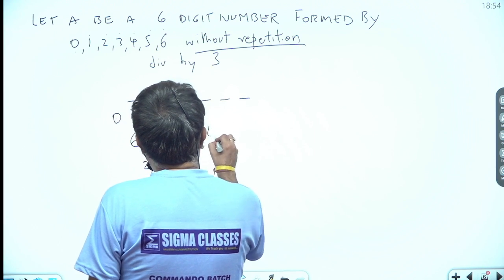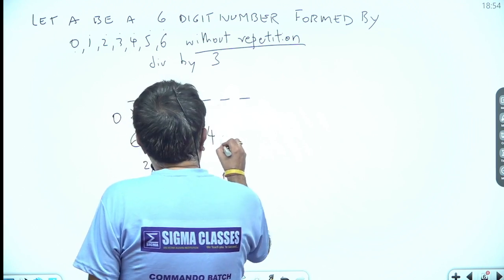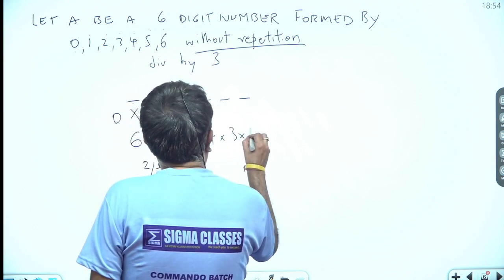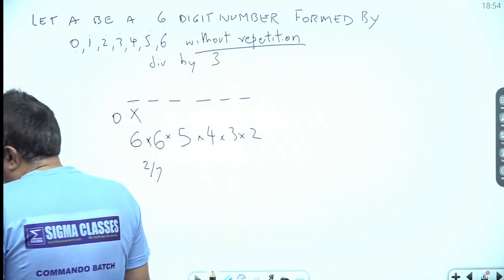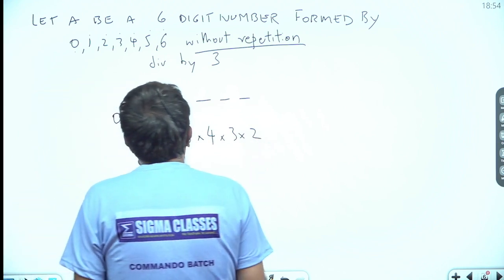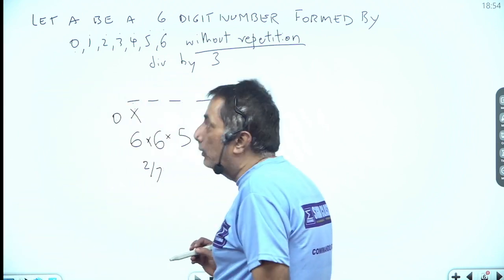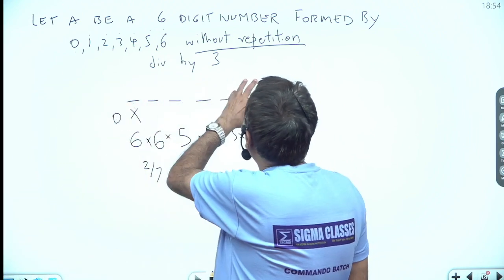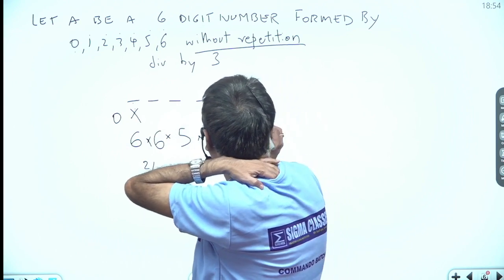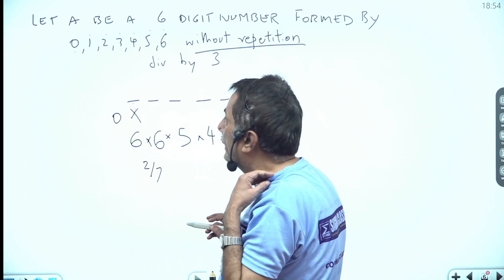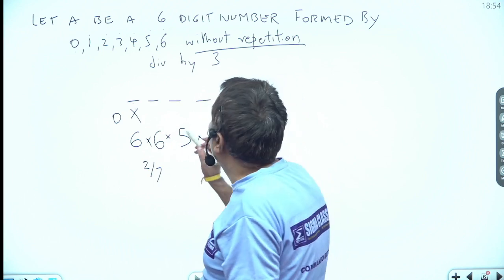This will have 4, 3, 2. So this is what you have, the complete possibility of 6-digit numbers framed without repetition, and divisible by 3. How is it divisible by 3?